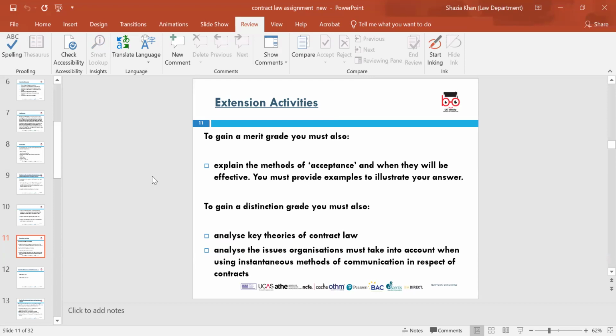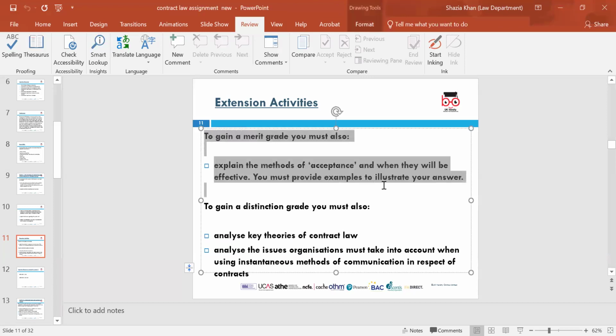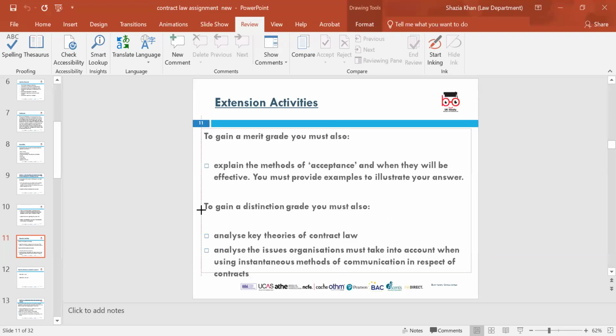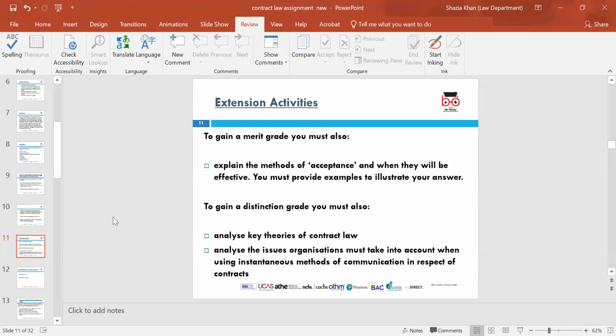So if you want to gain the merit or distinction, you would need to complete them to gain the merit and then that to gain the distinction. Okay, so these are to complete the elements of a merit or distinction, and this is for section 1.